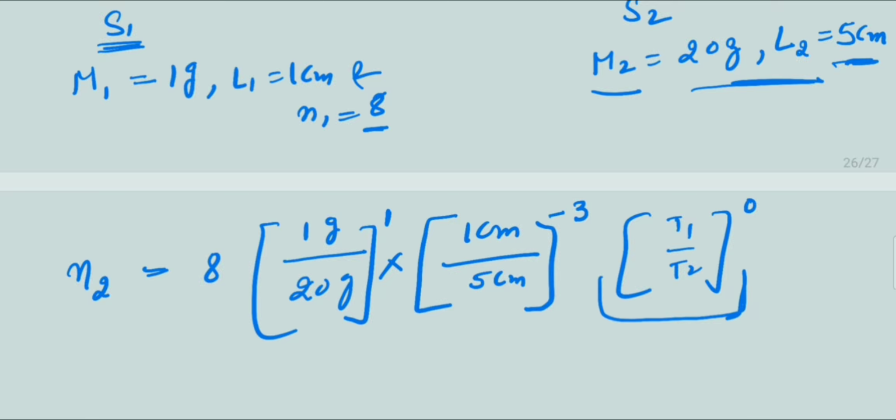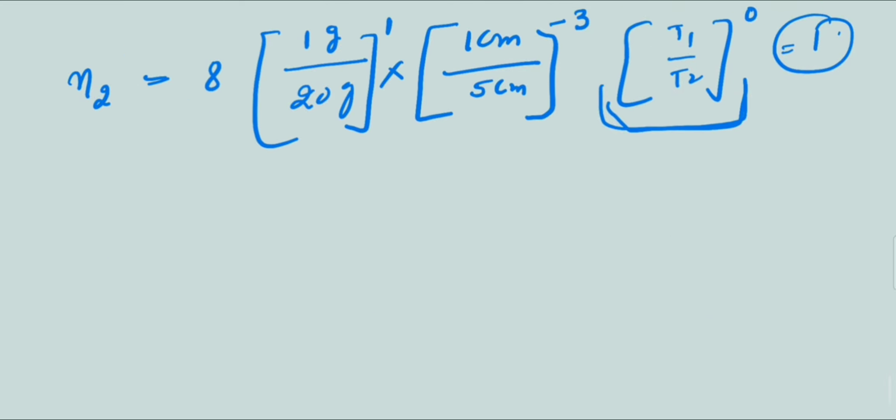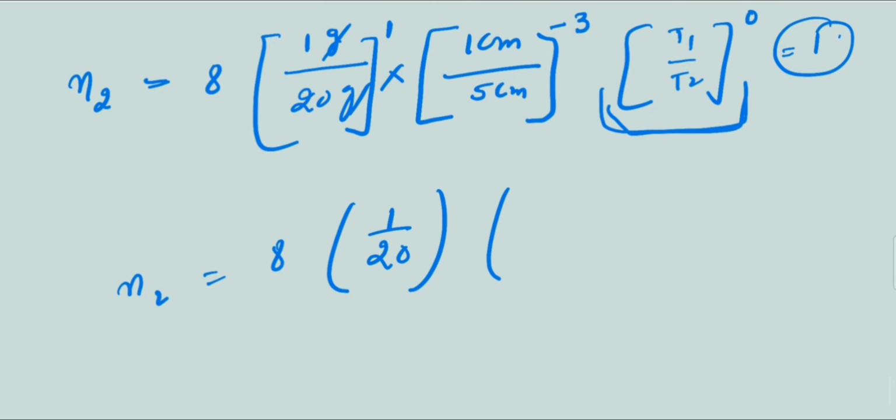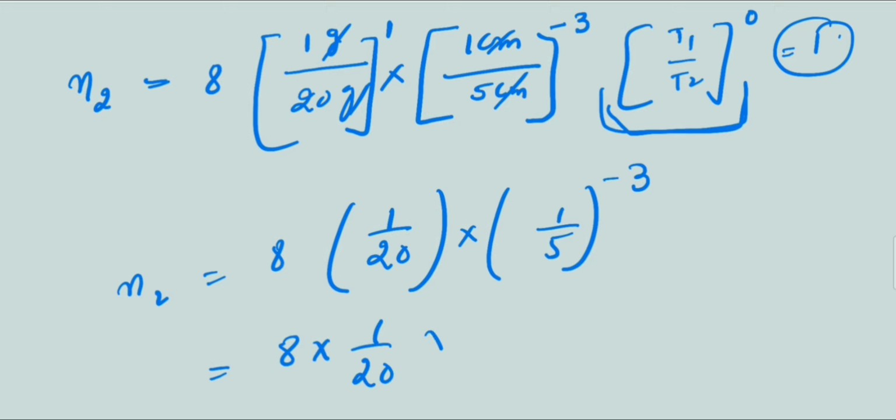Anything raised to power 0 is always equal to 1. So from here we'll get the value of N2 is equal to 8, times 1 by 20 (the grams get cancelled), multiplied with 1 by 5 raised to power minus 3 (the centimeters get cancelled). So we can write this as 8 into 1 by 20 into 5 raised to power 3.